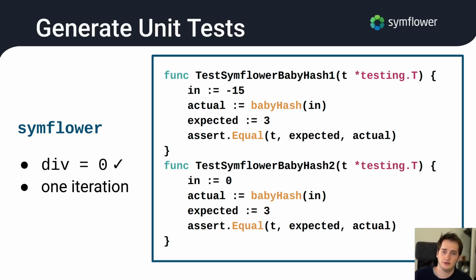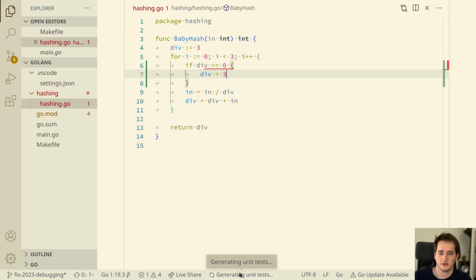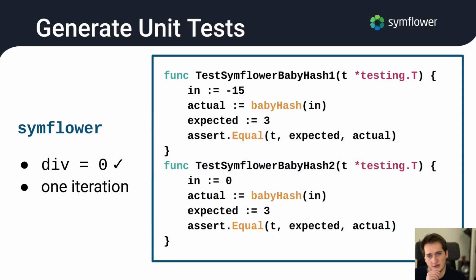And we will see here also when Symflower is done that it generates a test suite where our original test is present, that still works, and also -15, the hash value results in 3, which is exactly the case where the divisor eventually turns to 0.